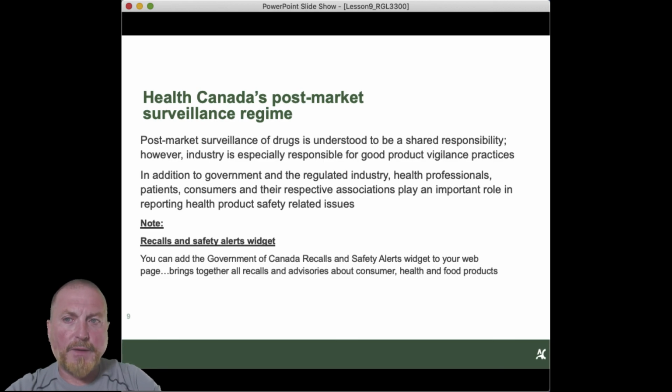Health professionals, patients, consumers, and their respective associations play an important role in reporting health product safety related issues. So any system must ensure that the channels of communication from all these parties are possible, and not so burdensome that people are dissuaded from reporting, okay? And when you talk about consumers and patients, that can be an issue in any pharmacovigilance system.